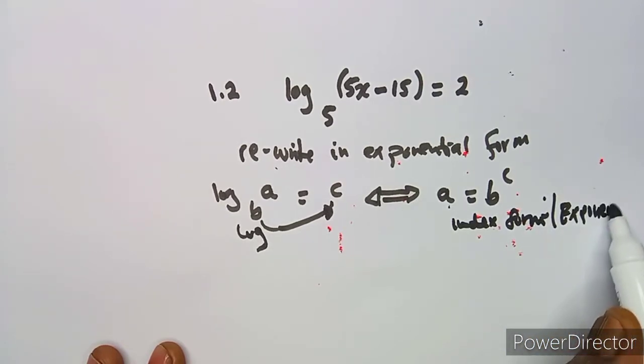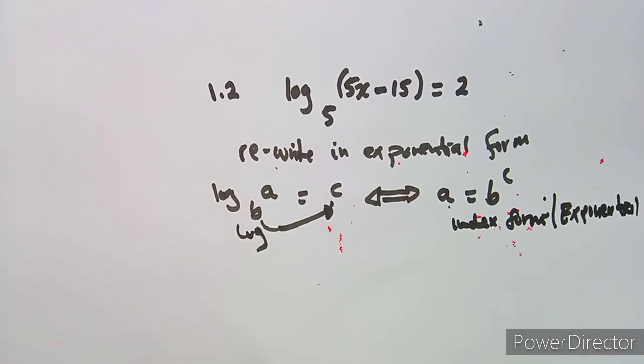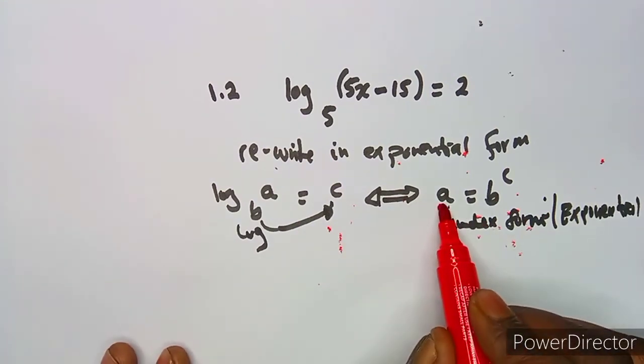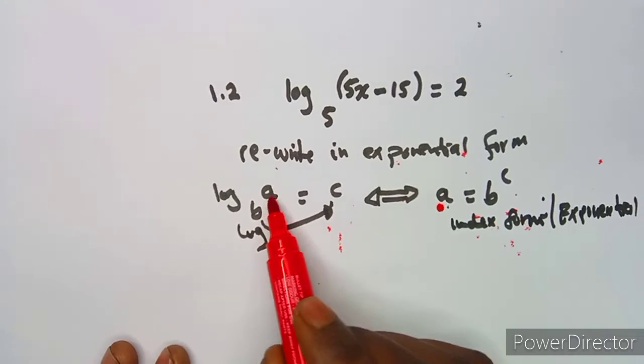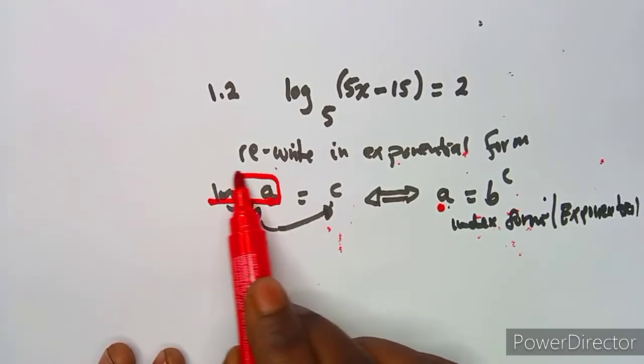That's exponential form. So that means I'm going to rewrite this as, if I'm to take this stage here, guys, if you are to see our A in this case, this one is our A, which is the number that is affected by log.